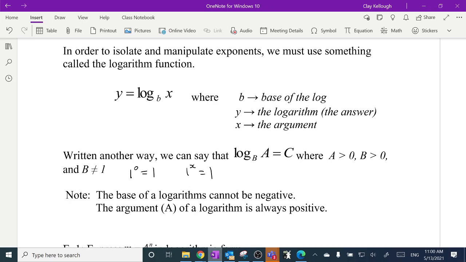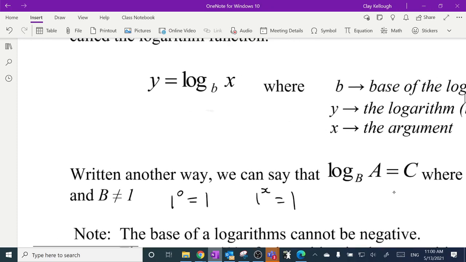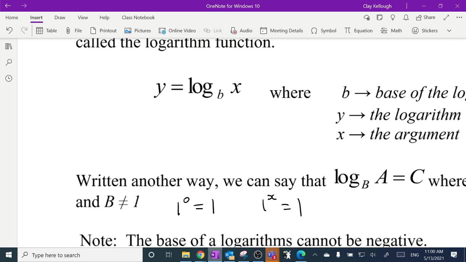I'm going to rewrite the way I think about this. I'm going to put this into words. They don't give me a whole lot of room here, so I'll write small. This is the way I think of this statement.